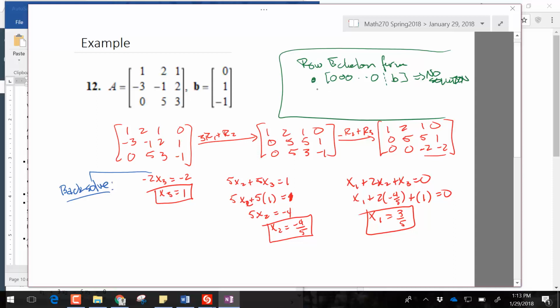And if your row echelon form has a free variable, then you get many solutions.